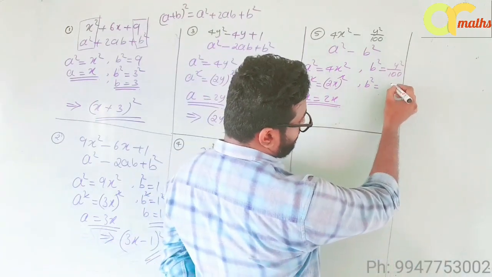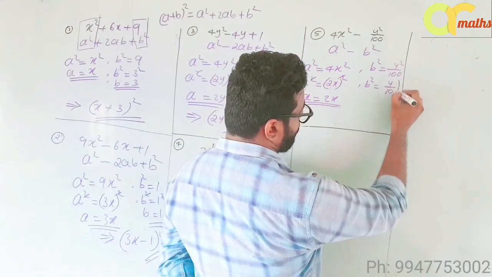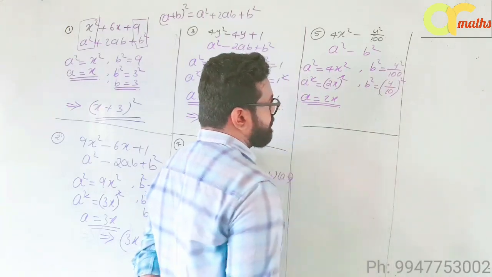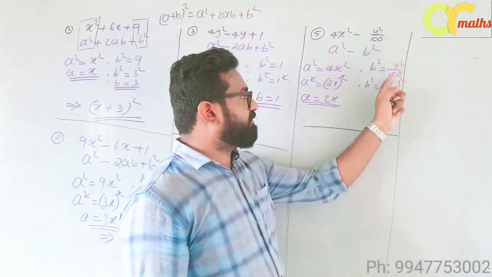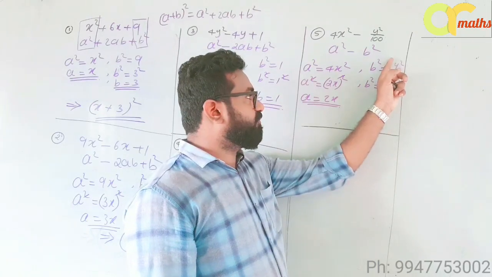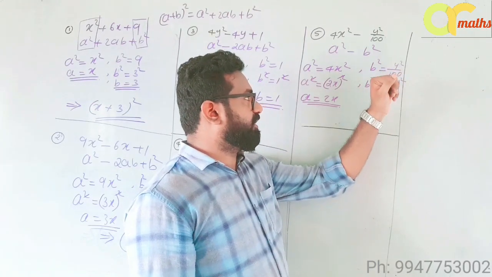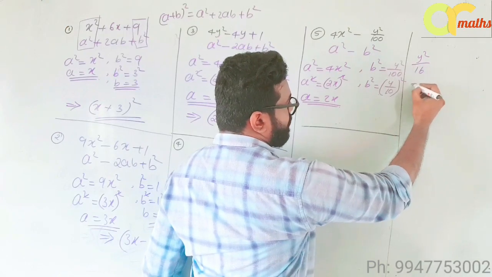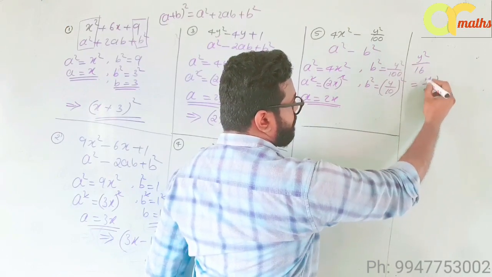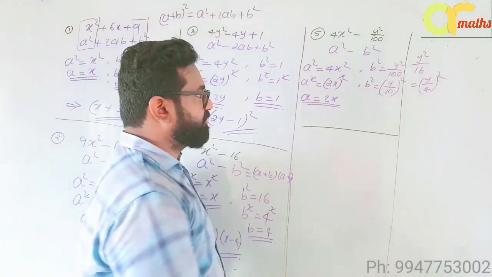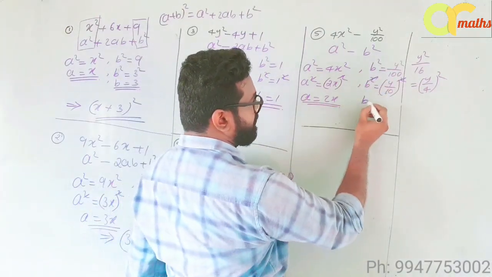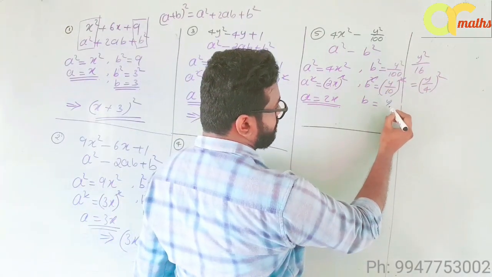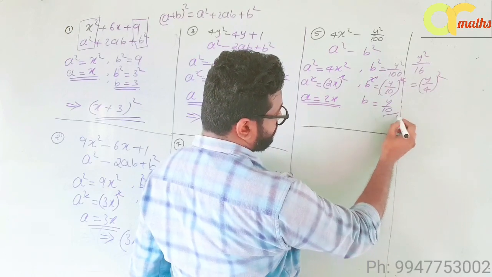You can write as (y divided by 10) whole square. Suppose it is y square divided by 25, that is (y divided by 5) whole square. Suppose like this, y square divided by 16, how to write? (y divided by 4) whole square. So you can cancel square, square, then b equal to y by 10.